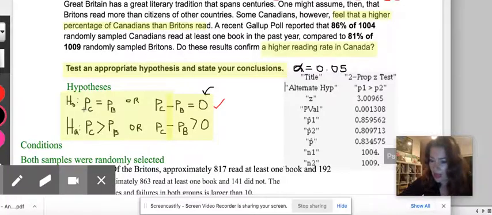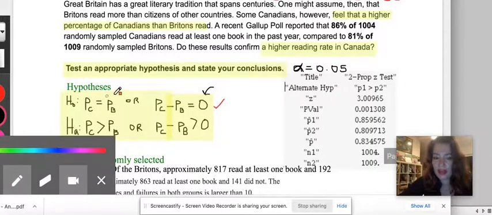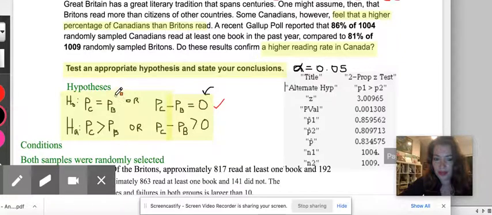Notice I have a population symbol in my hypothesis statement. I do not write a p hat here. This is a p, meaning it's a population proportion. So when I state they are equal, that is saying they are the same, that there is no difference between the two proportions.